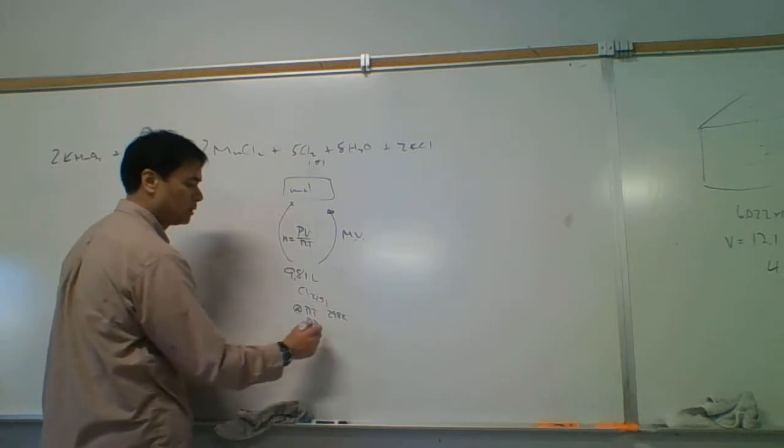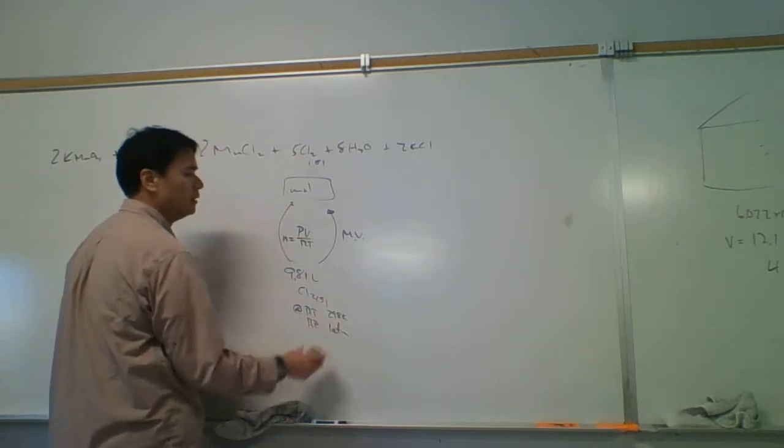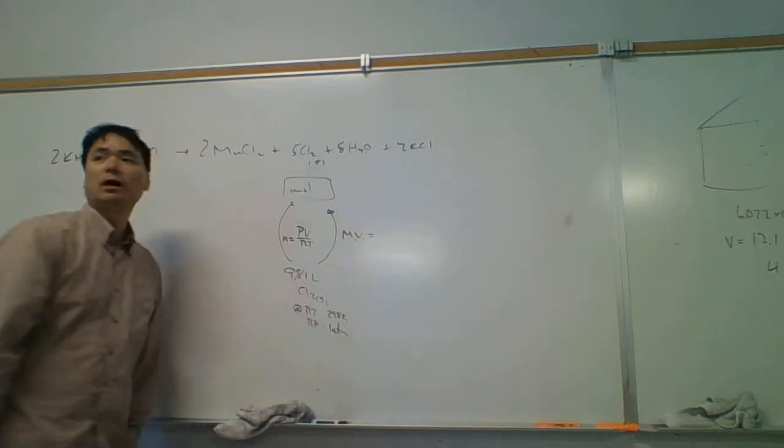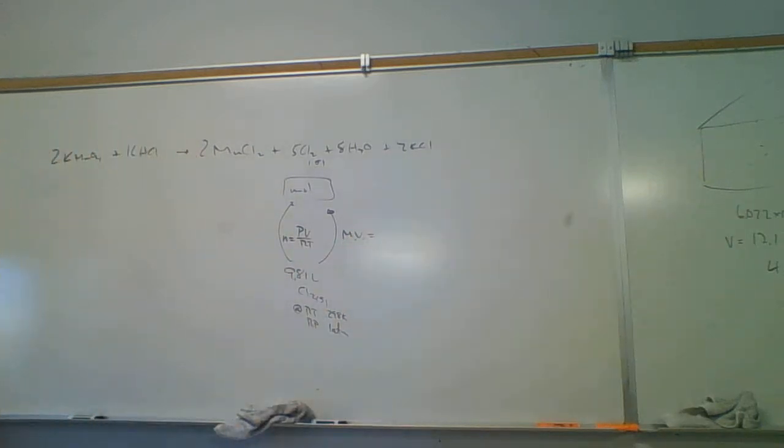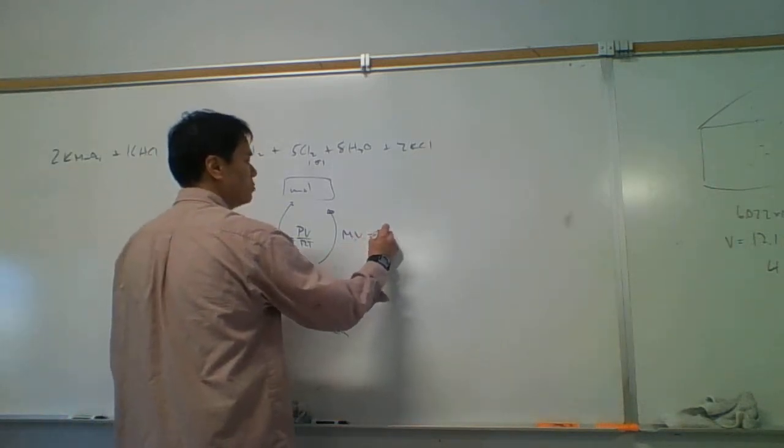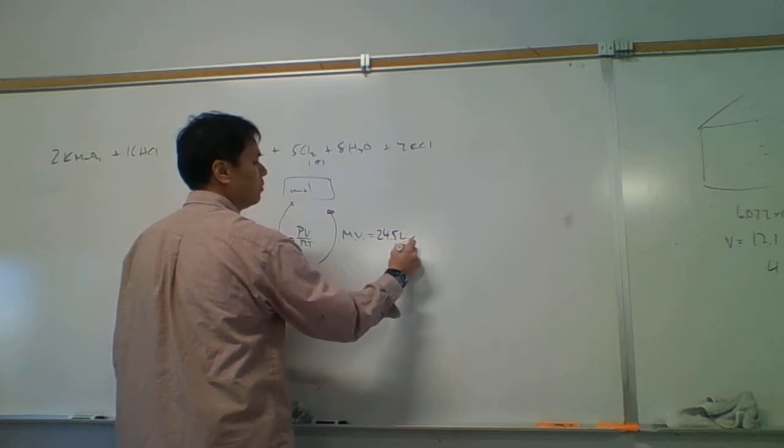Atmosphere? Okay, if we use 1 atmosphere, then the molar volume, you could have this one memorized. What is the molar volume at 298 Kelvin and 1 atmosphere? It's not 22.4 liters, it's 24.5 liters per mole, or we can calculate it.